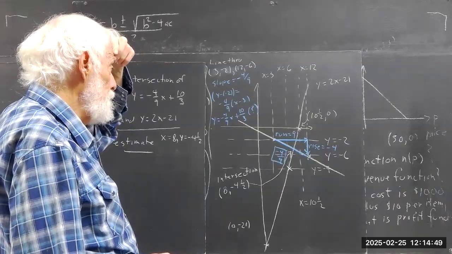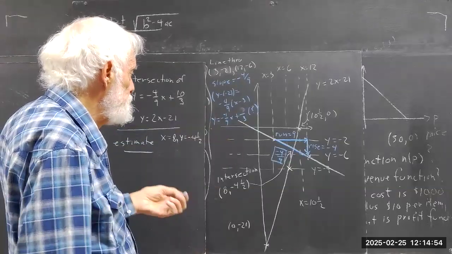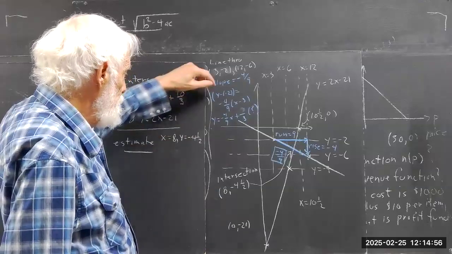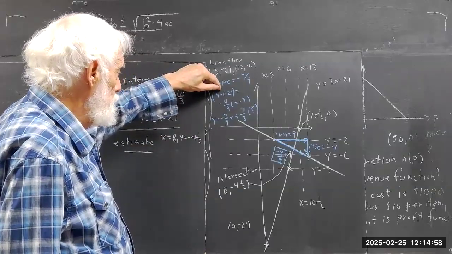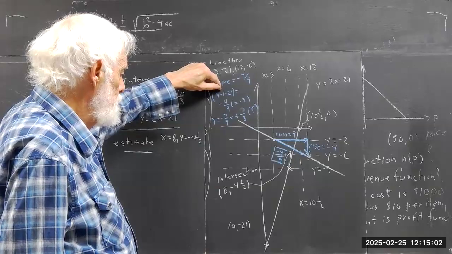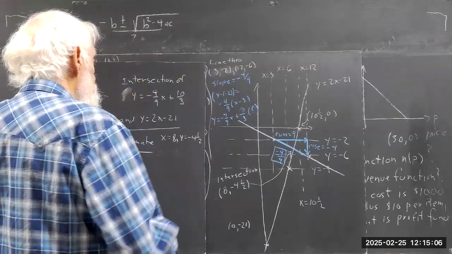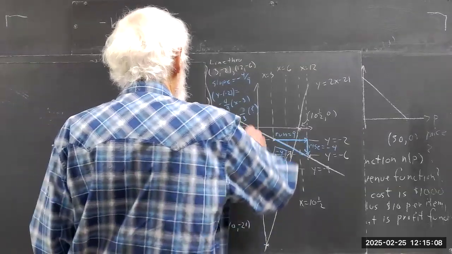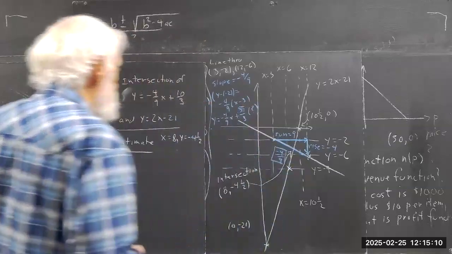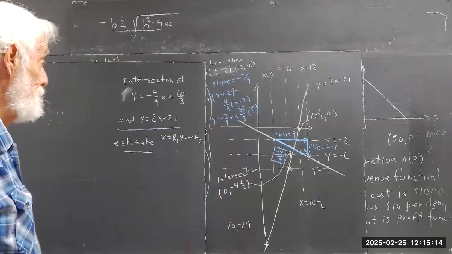I got +4/3, and that's my problem. Check, I did make the same mistake. 9/3 minus 4/3 is 5/3. I think this should be 5/3. Again, there's why you check.